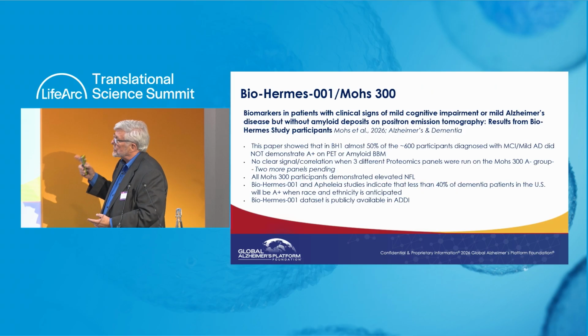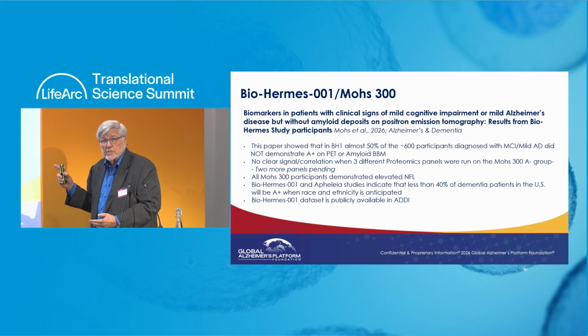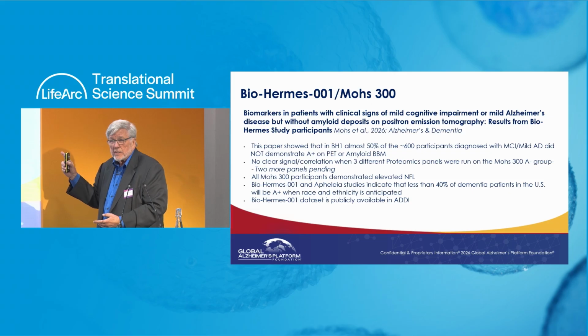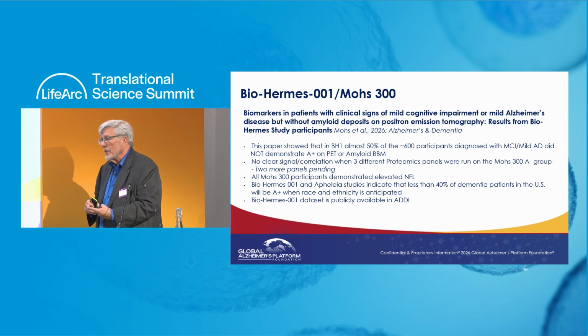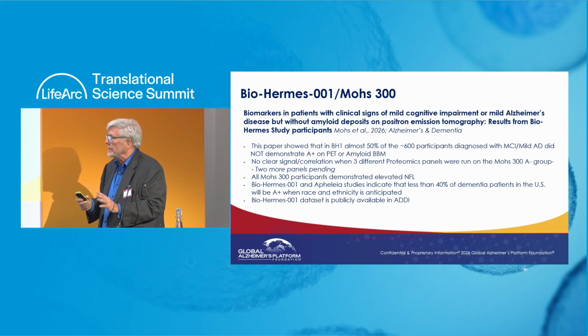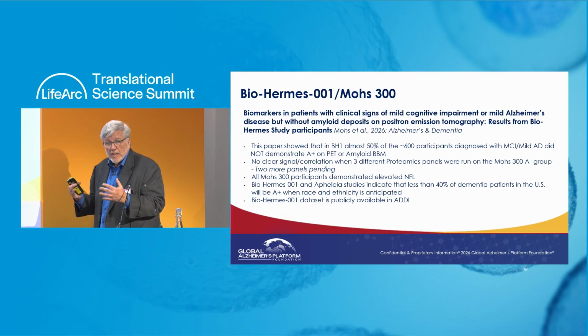Now, this is for all of you who are trying to find rare disease. We actually published on this. So in Bio-Hermes, we had 600 people that were characterized as either MCI or mild to moderate AD by real top-notch PIs. Of that 600, a little less than 300, but we called it Mohs 300 because that's cooler than 296.